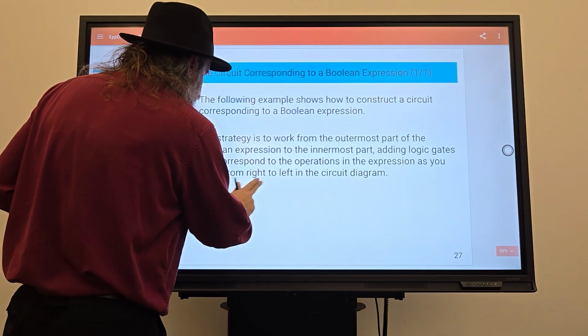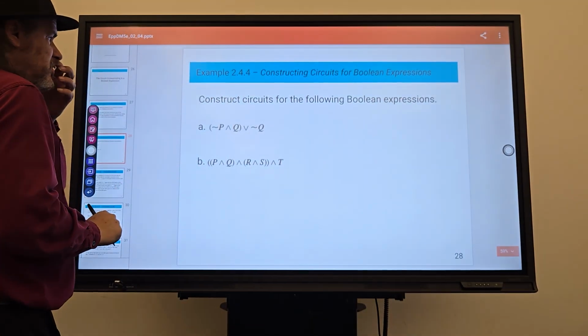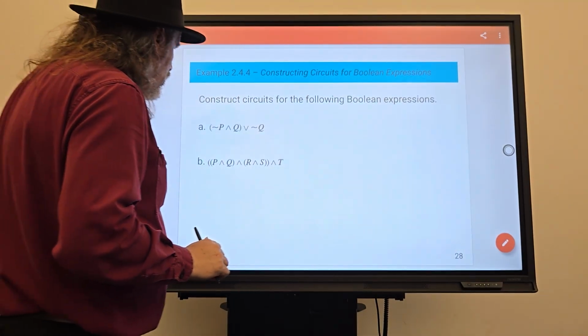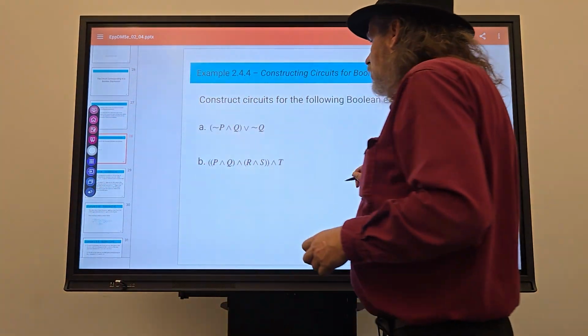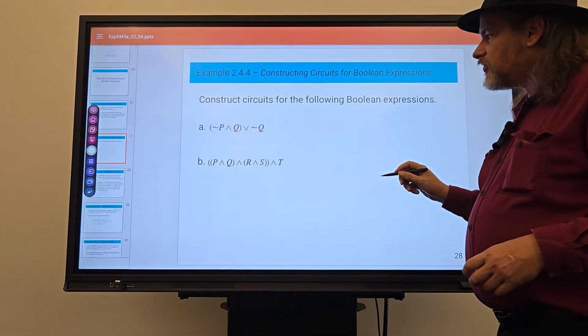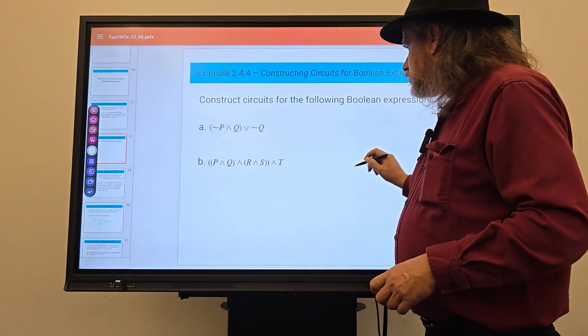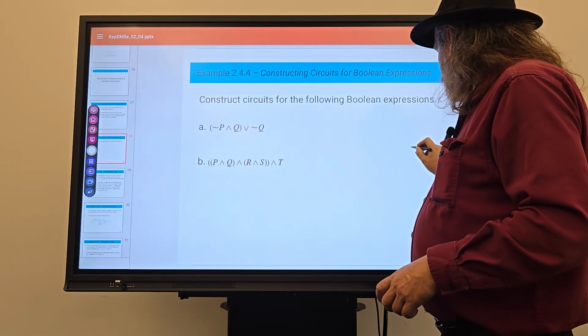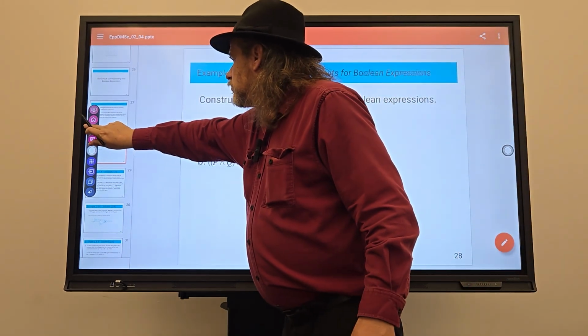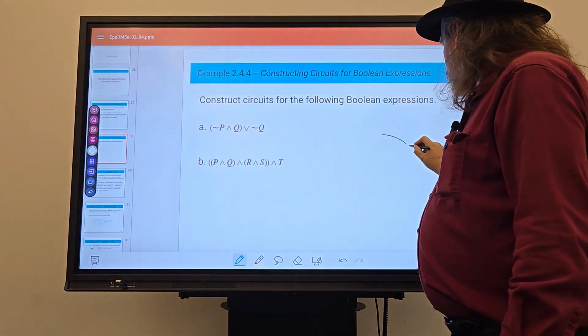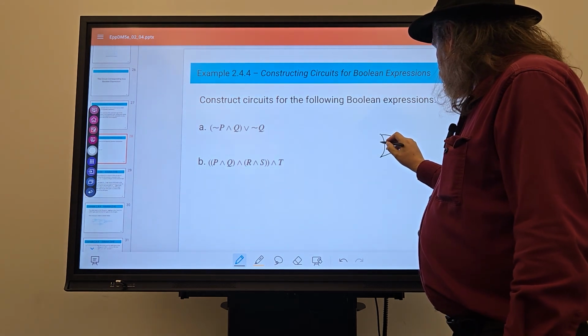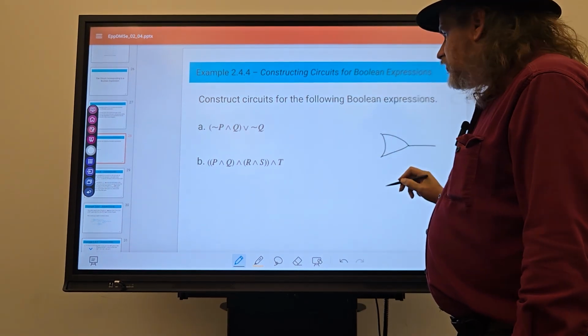So you have the outermost operation, the OR gate. We'll draw the OR gate. That's your output.